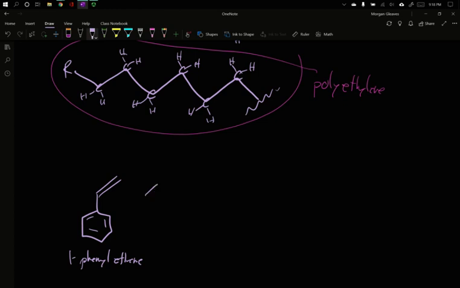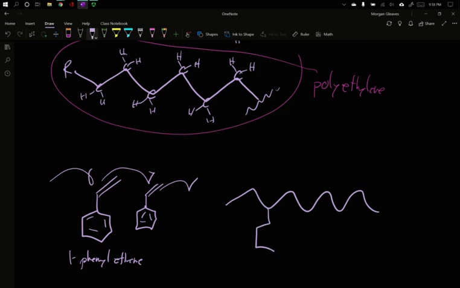What happens, though, is several of these near each other link together. And so as these link, and this one links, and something connects to it, what you end up with is a long chain with phenyl groups. Well, those groups are very flat. They stack very closely, which means they actually hold on to each other really tightly.